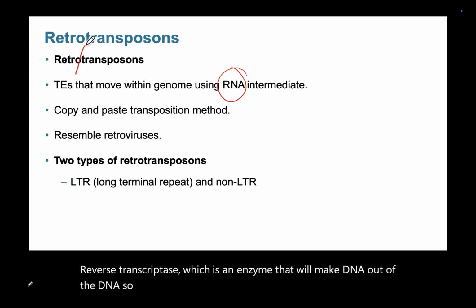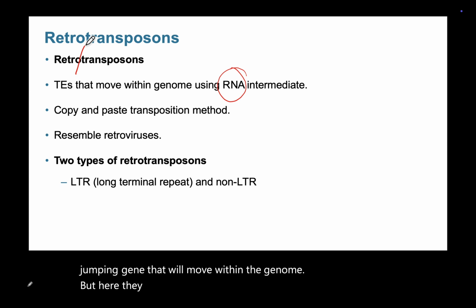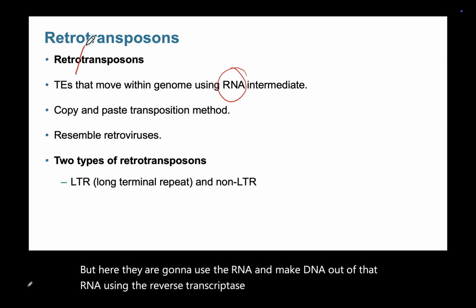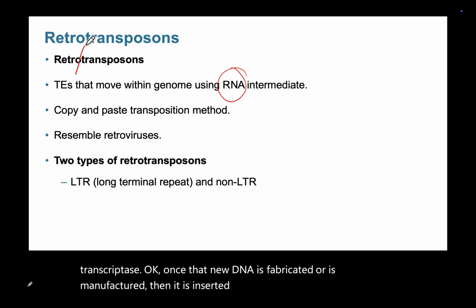So here, the transposon is also a mobile genetic element, a jumping gene, that will move within the genome. But here, they are going to use the RNA and make DNA out of that RNA using the reverse transcriptase, the enzyme reverse transcriptase. Okay? Once that new DNA is manufactured, then it is inserted into a new genomic location.